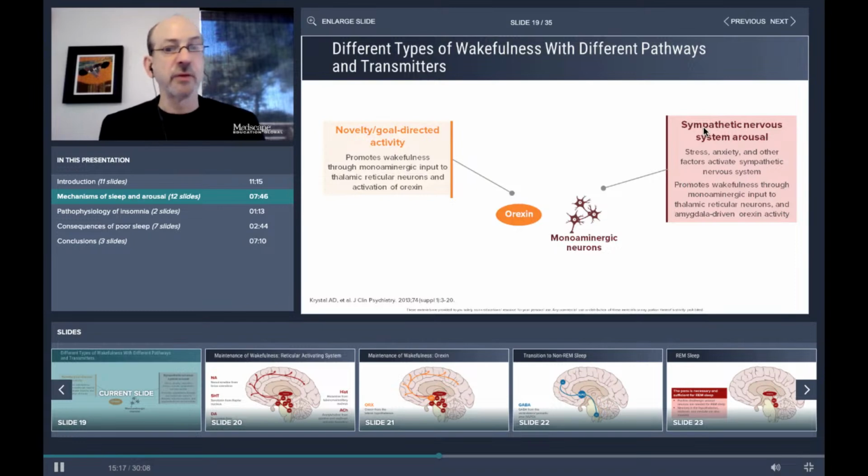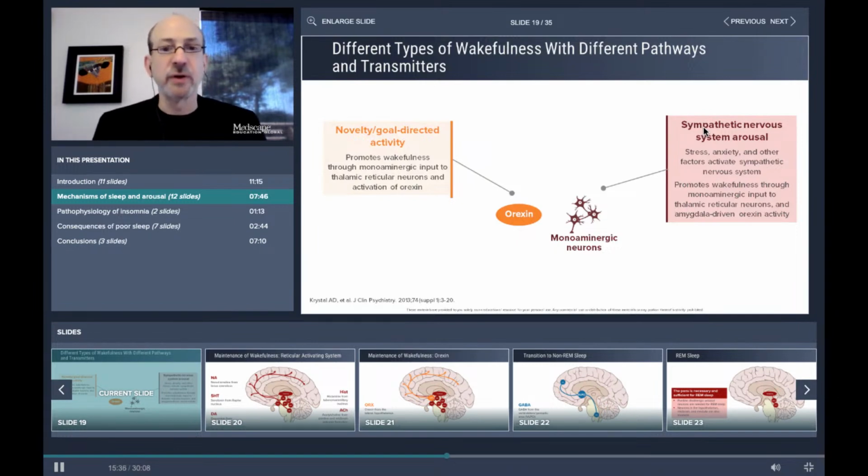But the orexin neurons are the neurons the clock uses to keep us awake during the day. But it's also driven by some other activities that help keep us awake. And the monoaminergic neurons, monoamines, also mediate some wakefulness in a number of situations.